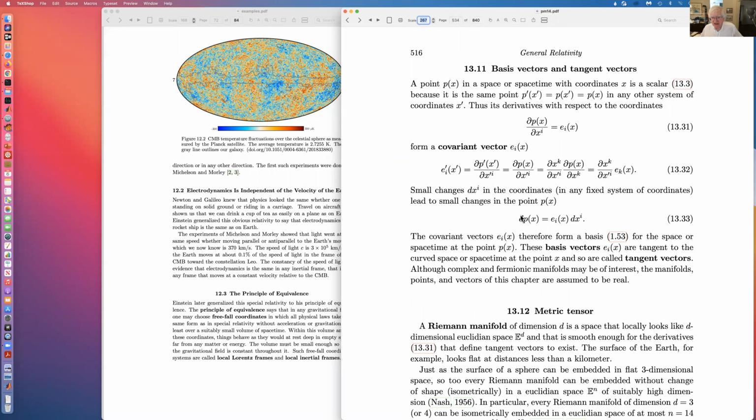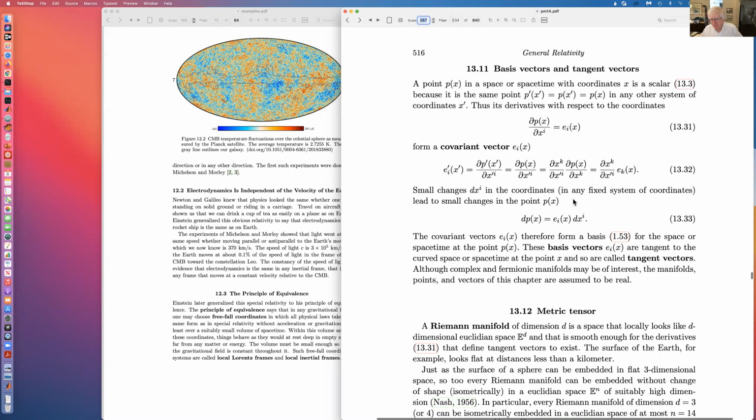You can also say that these equations immediately mean that the change in the point on the manifold, meaning this curved space that we're talking about, is the change in the coordinate differentials times these basis vectors, because of course these basis vectors are just partials of the point with respect to the coordinates.